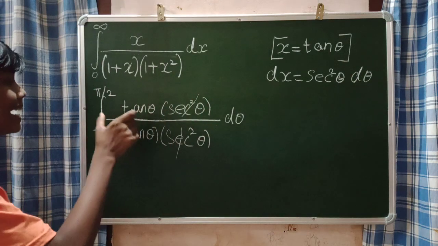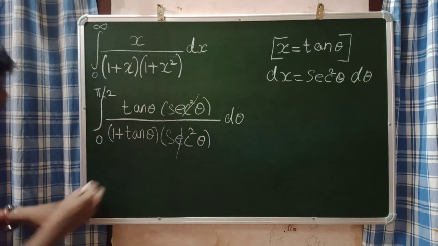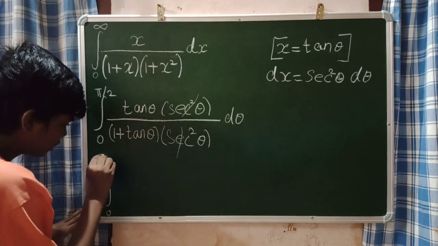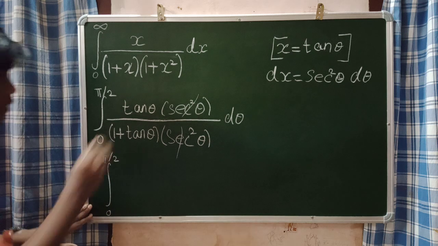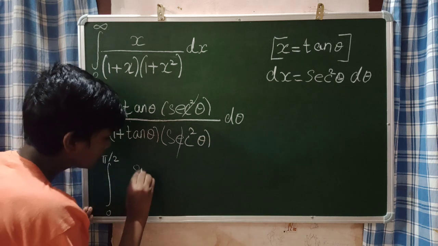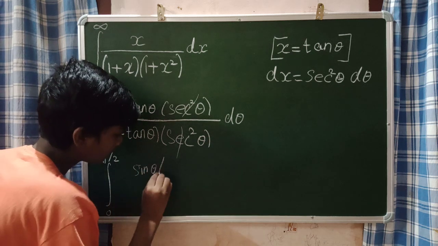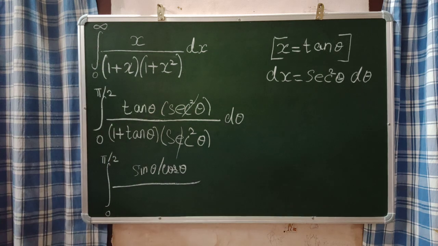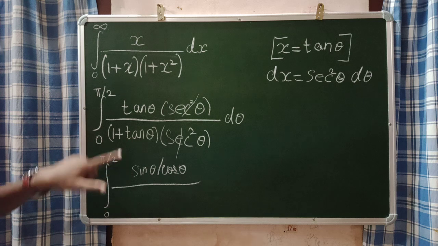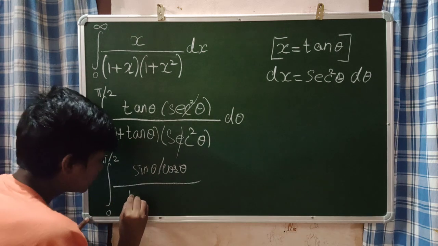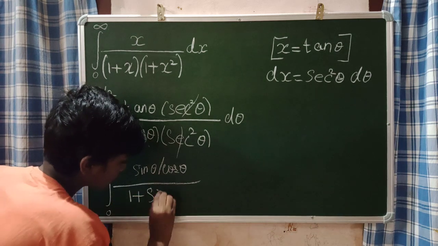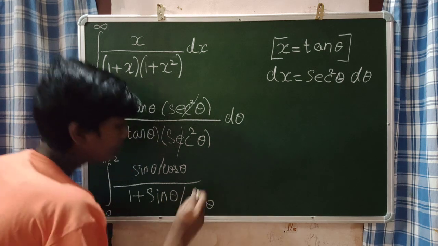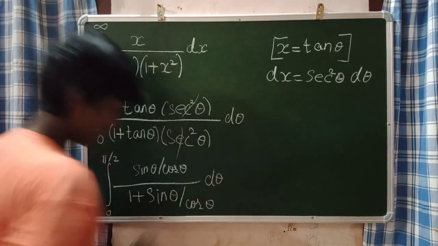So the integral from 0 to pi by 2 has sin theta divided by cos theta in the numerator. In the denominator also I write tan theta as sin theta divided by cos theta, which is 1 plus sin theta divided by cos theta, and d theta. This is what we have.